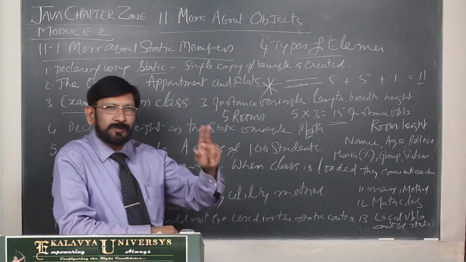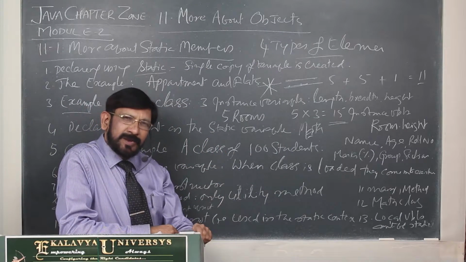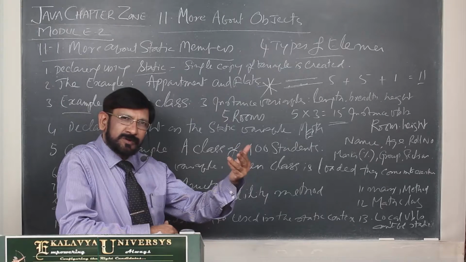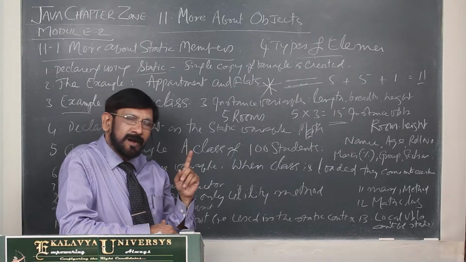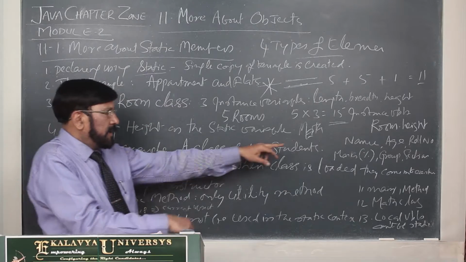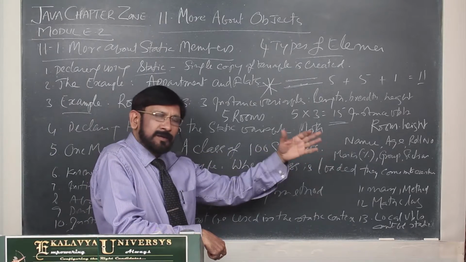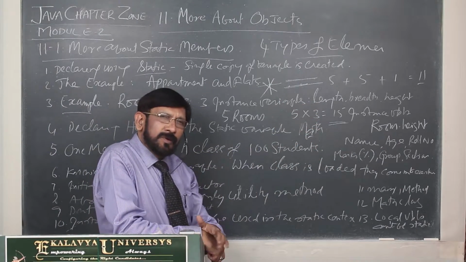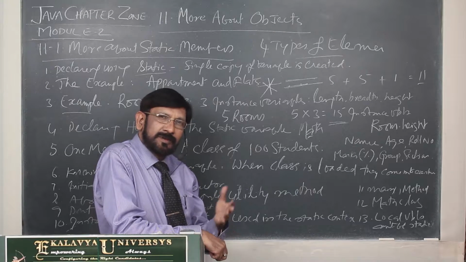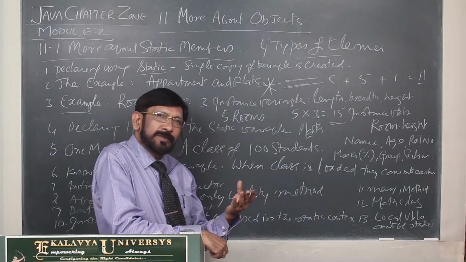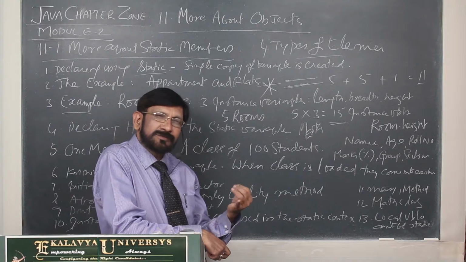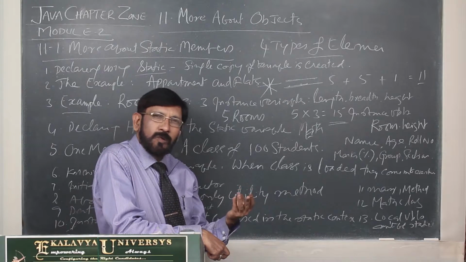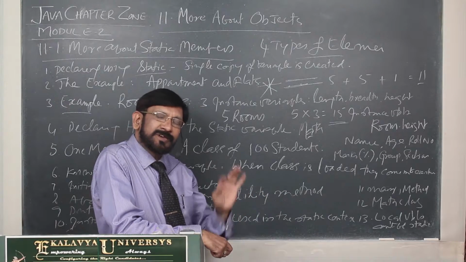It provides two static variables, actually static constants, they are pi and e, and there are a number of static methods. They are like square root, pow, min, max, ceil, floor, etc.